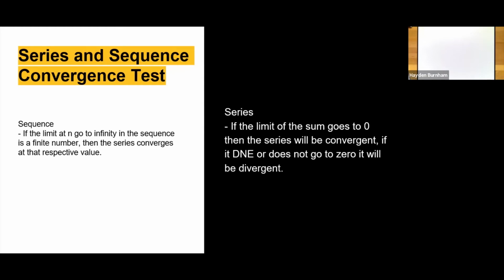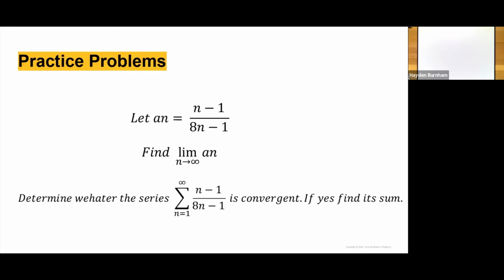If the limit does not exist, or if it does not go to 0, it's going to be divergent. And again, there's a lot of different tests with different things that you're given. But I think if you understand those two ideas, that helps a lot in understanding these two things.